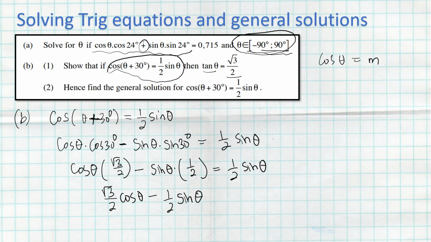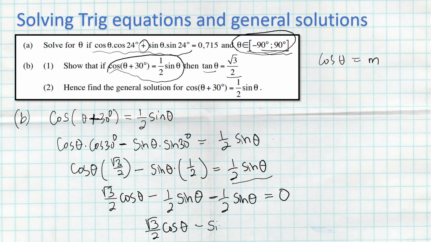So I can also take this 1 over 2 sine theta to the other side. So it will be minus 1 over 2 sine theta. Then I'm left with 0 there. Can you see? So we have root 3 over 2 cos theta, minus 1 over 2 minus 1 over 2, that is minus 2 divided by 2, then it will be minus 1.